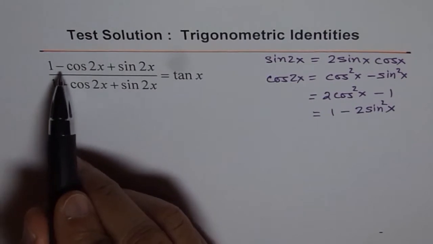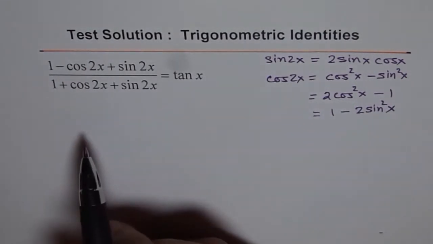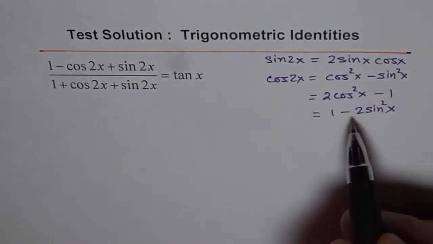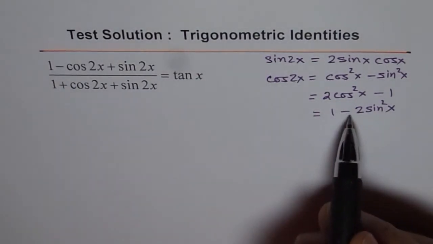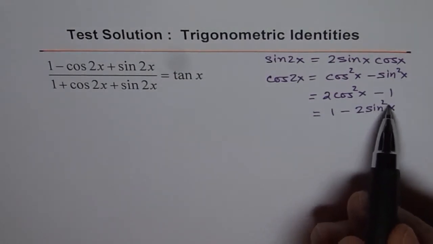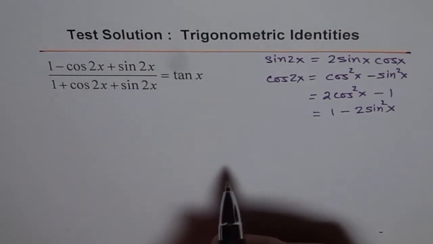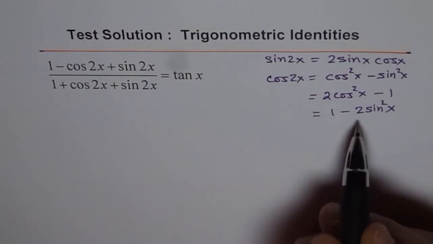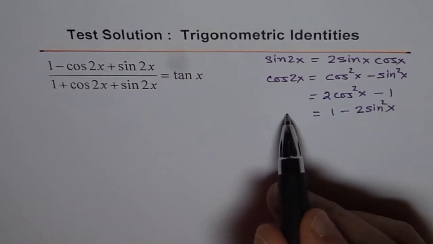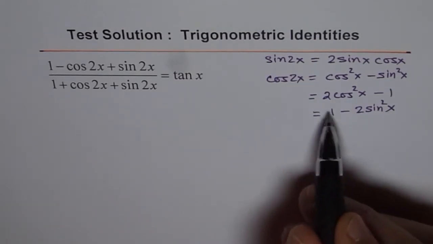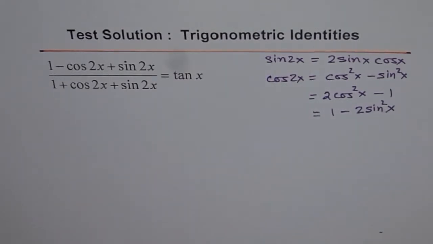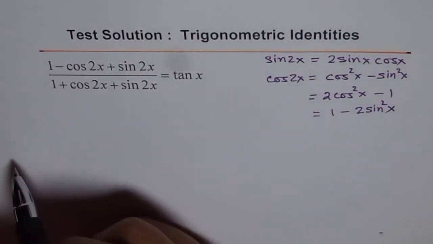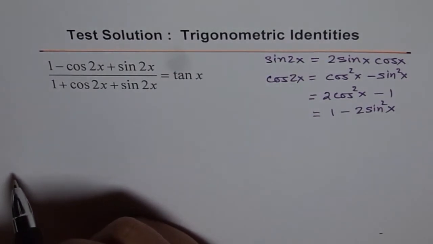Since it is 1 minus cos 2x, I'll prefer to write it in the form of sine, so that if I write 1 minus sine square x, 1 and 1 will cancel out, right? So that is an advantage, correct? Or think like this. I can bring 2 sine square x on this side and say 2 sine square x is actually 1 minus cos 2x. That way I get only 2 terms here and 2 terms here, and that helps to simplify.